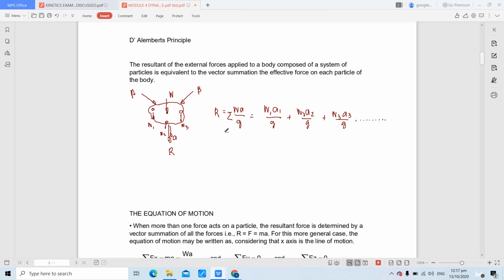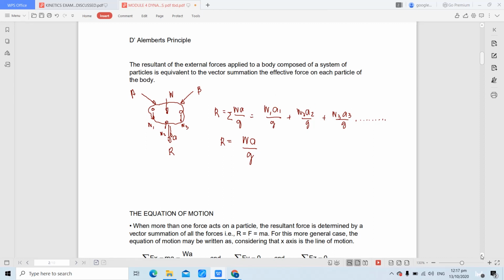Or, it can be represented by the total weight of the body, and that is total weight times the acceleration over G. So, eto, parehas lang mismo dito. Eto, mas gamit lang kapag iisang body or particle yung ina-analyze sa system natin. Ito naman mas gamit kapag madami ng body or particle sa isang system mismo na ina-analyze natin.